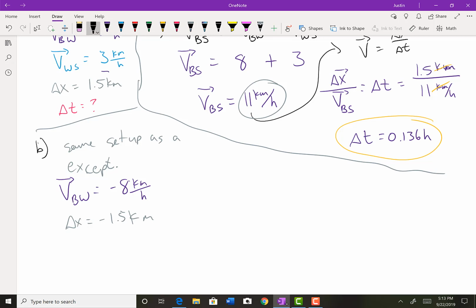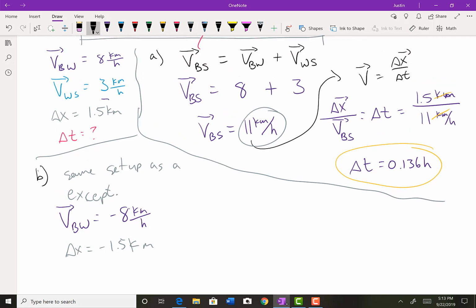And I'm really just going to use that same equation, that the velocity of the boat with respect to the shore, that's what we're looking for, is the velocity of the boat with respect to the water, plus the velocity of the water with respect to the shore. Plugging everything in, I get the velocity of the boat with respect to the shore is equal to, now I'm plugging in this new velocity of the boat with respect to the water, because the boat's now moving to the left.